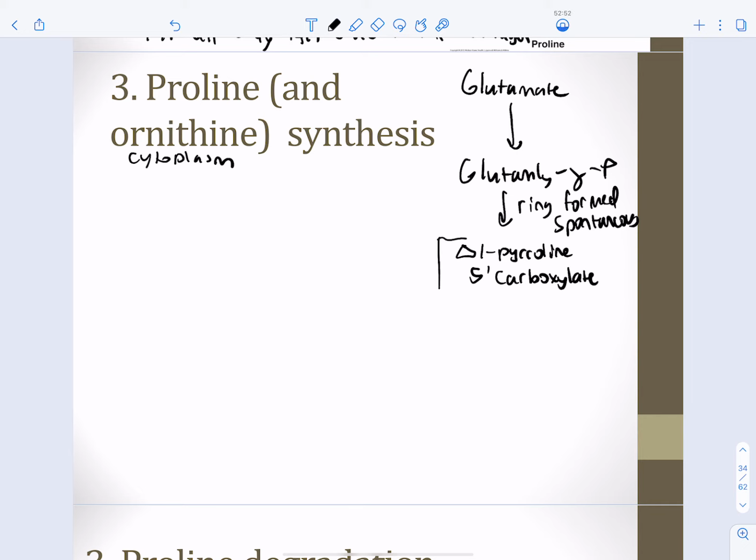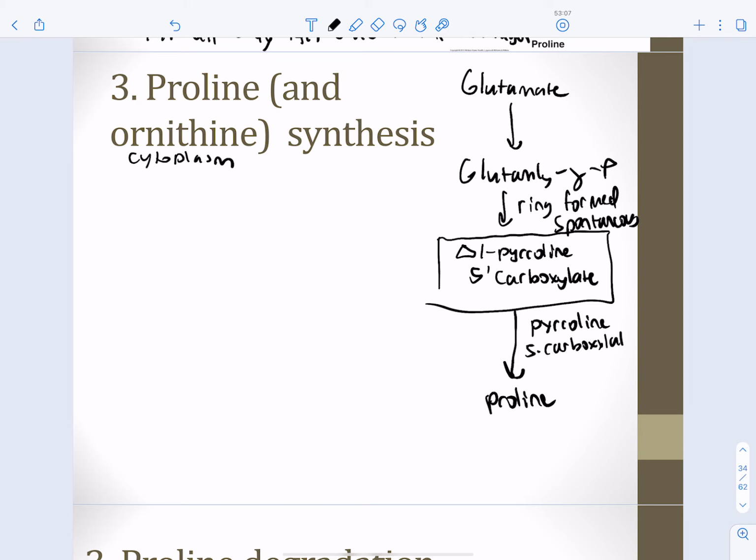Okay, so this is sort of a branching point here. And so this can go on to form proline. And we have our reductase, and this requires NADPH. Okay, but also what can happen here is you can go to a glutamate gamma semialdehyde.